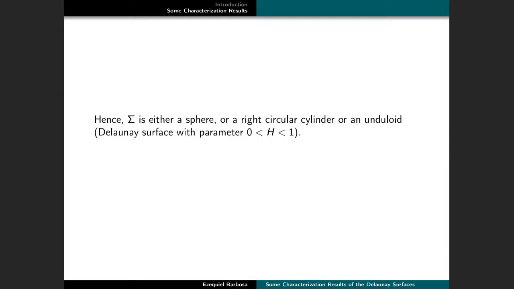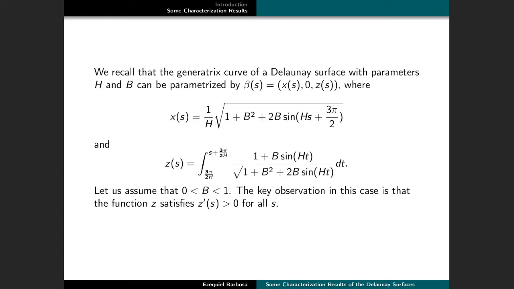We take a Delaunay surface with parameter between 0 and 1, which is an unduloid, and we take a parameterization for it this way. Because we are in this situation here, the derivative of this coordinate z is positive.